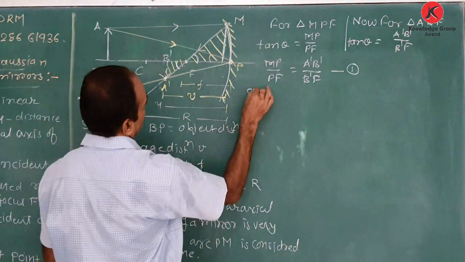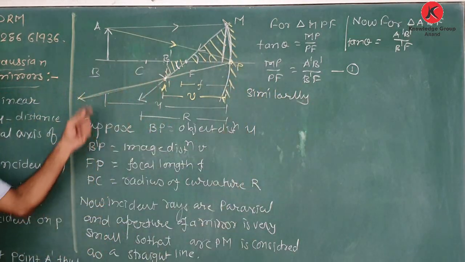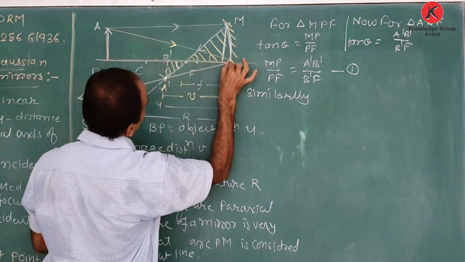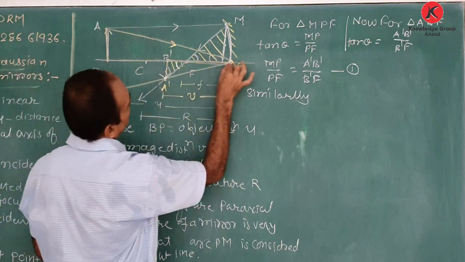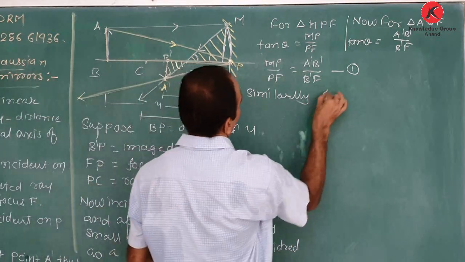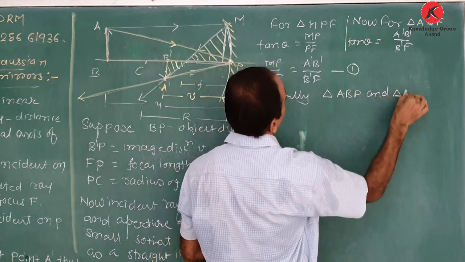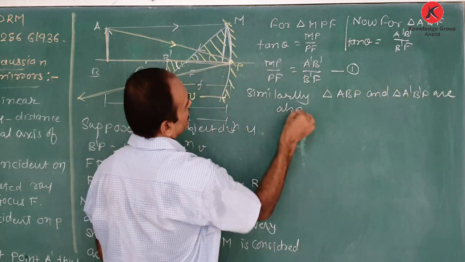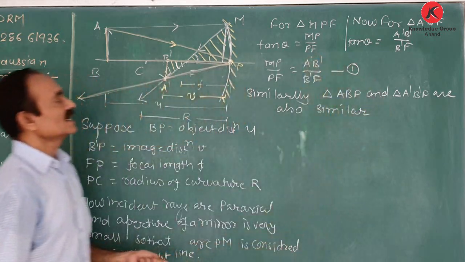Similarly, here also the two triangles ABP and A'B'P are similar.